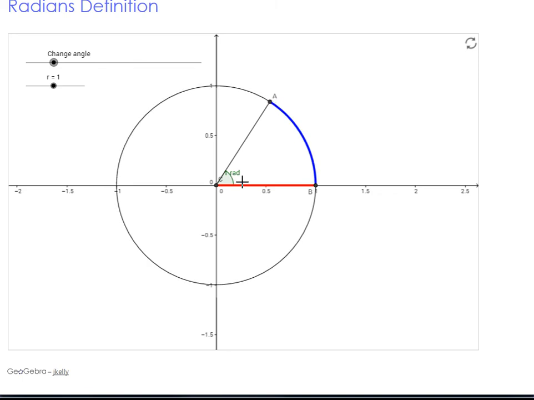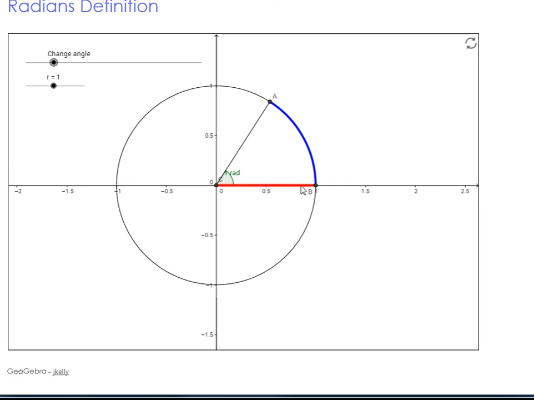Now, if I keep pulling, see this red line? It's another radius. I'm going to go ahead and pull that guy onto the circle as well. And now the angle here is 2 radians, or I should say the measure of the arc is now 2 radians.